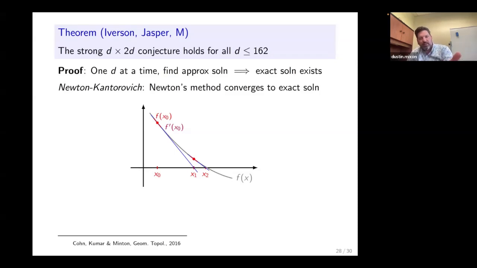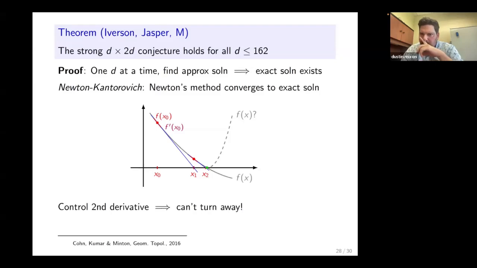And you could ask yourself, is this going to converge to a root? And at least in this two-dimensional picture, you can say, well, yeah, it should, unless F makes a left turn and manages to avoid reaching that x-axis. But I know that it won't make such a sharp left turn if I can control the second derivative. Okay, so if I have some sort of control over the second derivative of this function, I know it can't turn away, so it's forced to cross the x-axis.